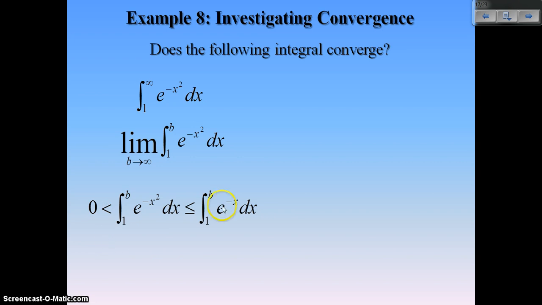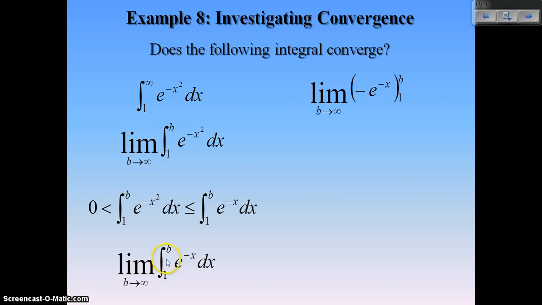So that being said, let's deal just with the e to the negative x. The antiderivative of e to the negative x is negative e to the negative x. I can plug in my b and my 1, and I have negative e to the negative b minus negative e to the negative 1, which turns to plus.